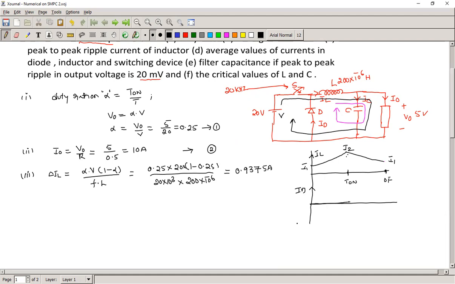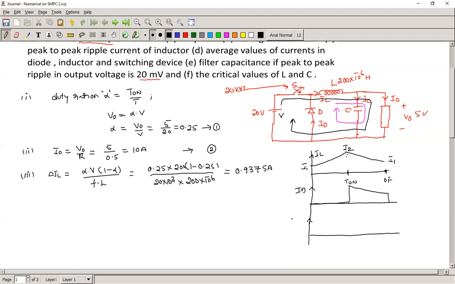When the switch is off, the diode current equals the inductor current, so you take the same wave. Next, the switching device carries current only when the switch is on.